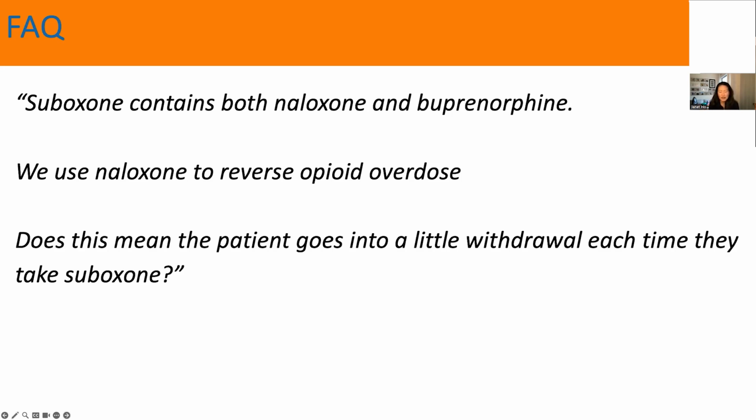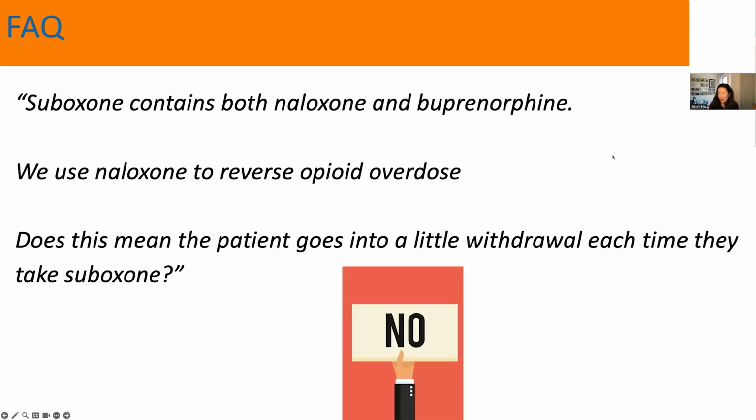If I have somebody on the combination product and I'm not really getting ahead of their pain control, I will sometimes, in the right circumstance, switch to just the mono product and see if we get a little bit extra benefit with that. And while the naloxone is there to deter misuse, I will also share that the mono product is a lot less expensive than the combination product.